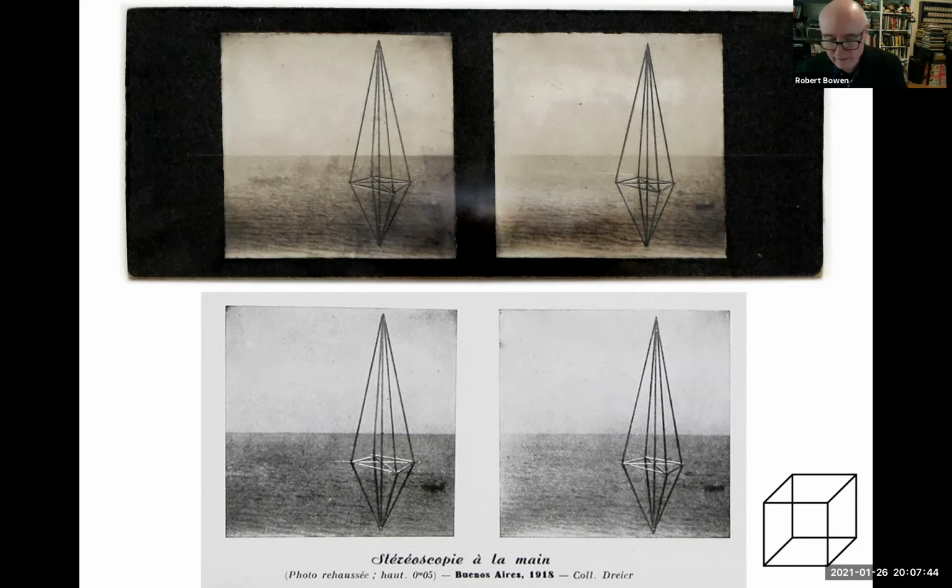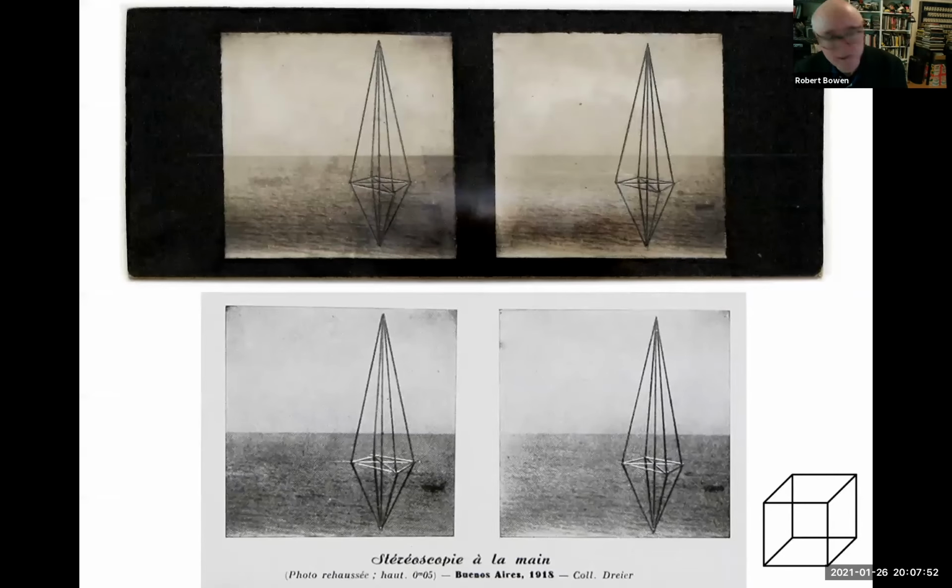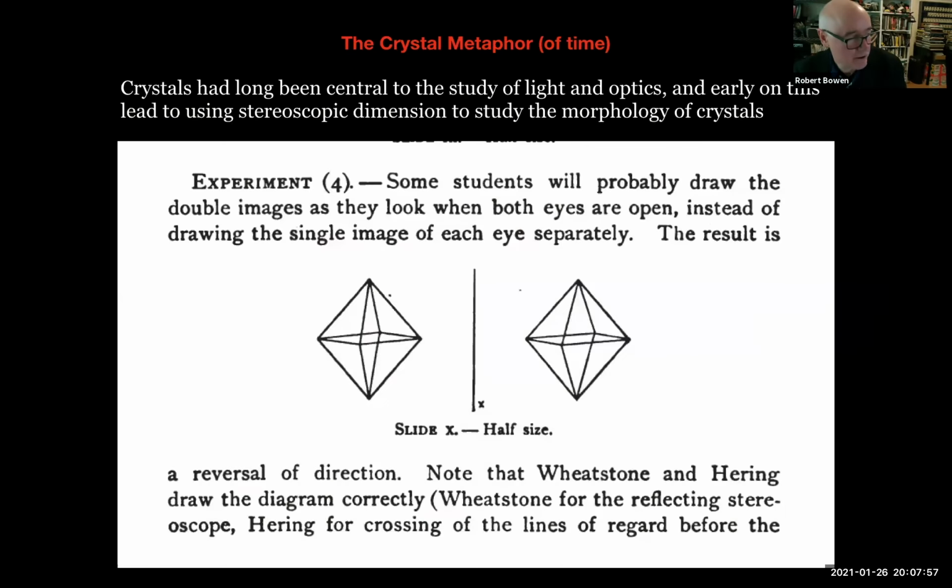So I think you can see from this that this is really Duchamp doing an anamorphic stretching of the very basic crystal shape, right? There are actually whole books in the 19th century about crystals with stereoscopic drawings of all of the different forms.